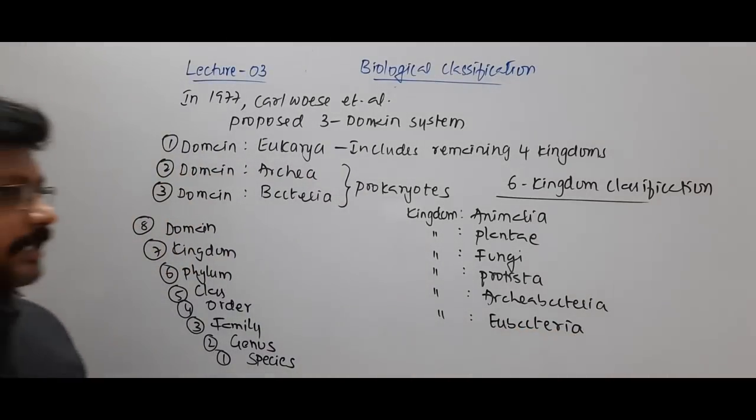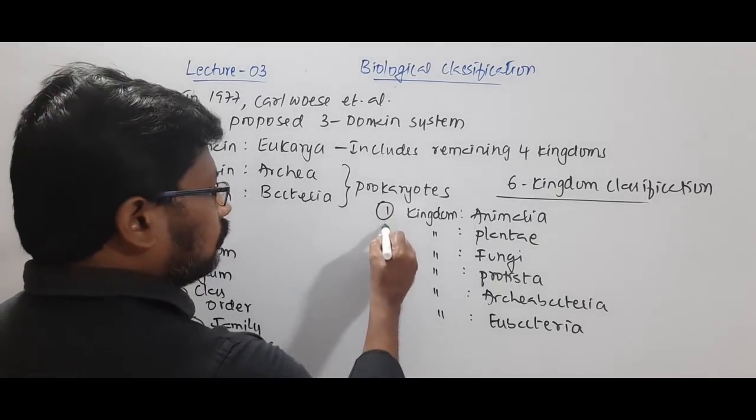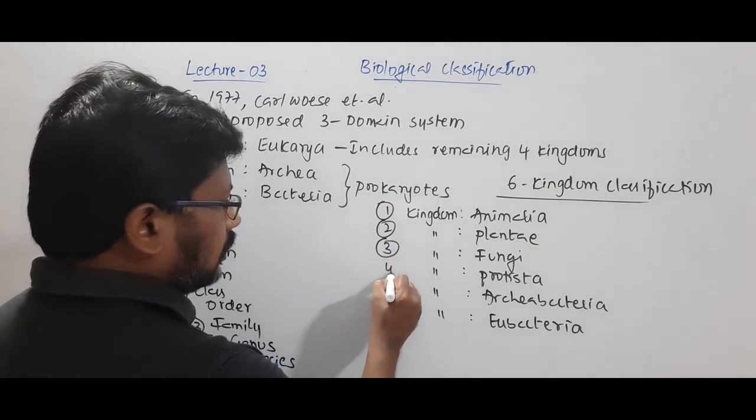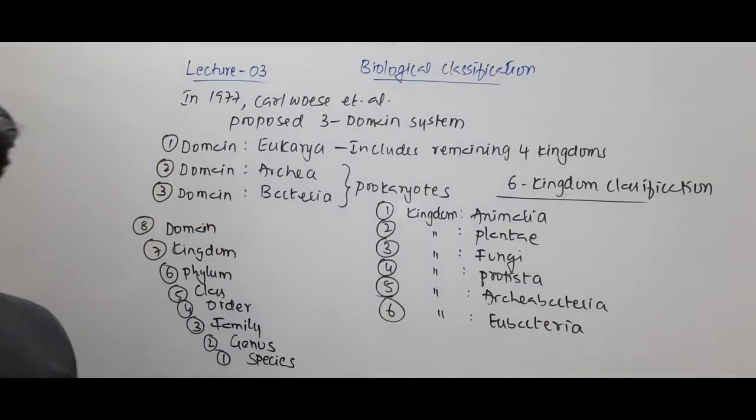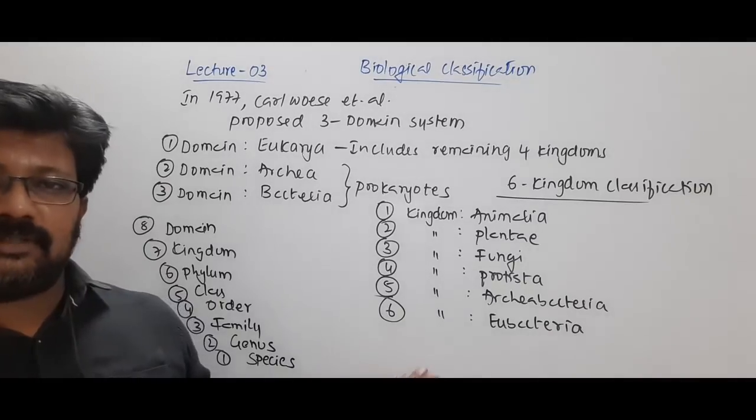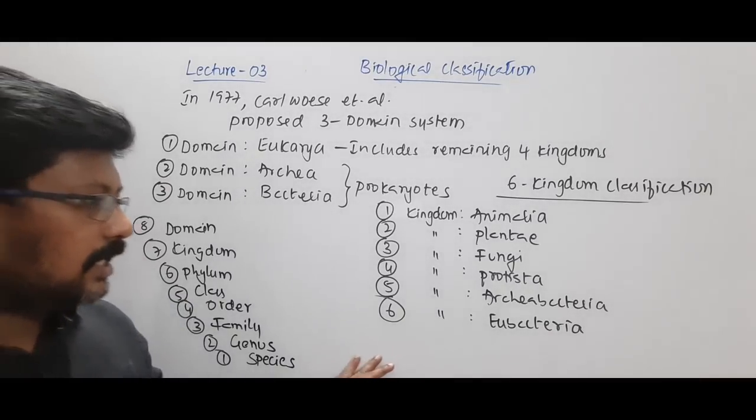So you have 1, 2, 3, 4, 5, 6. So this is the six kingdom classification.